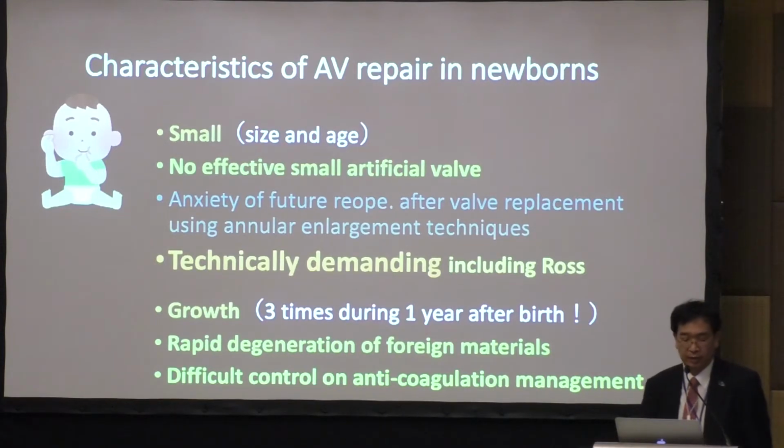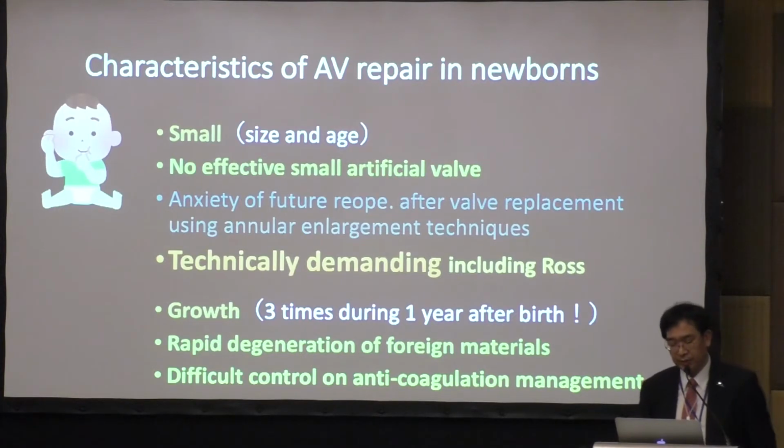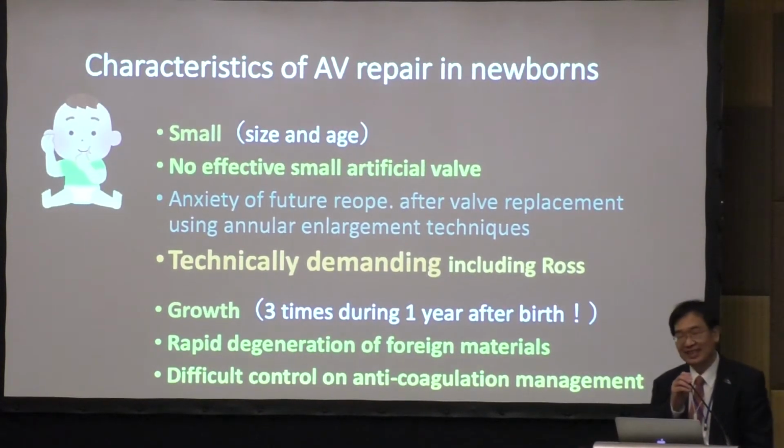And there is growth potential of 3 times during the first year after birth, and rapid degeneration of foreign materials, sometimes pericardium, autologous pericardium, and others. It is also difficult to control anticoagulation management because of common colds in the neonatal and infant period at that time, so the baby cannot get the exact warfarin dose.